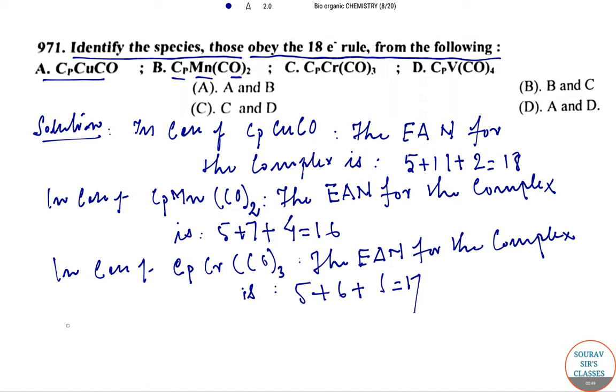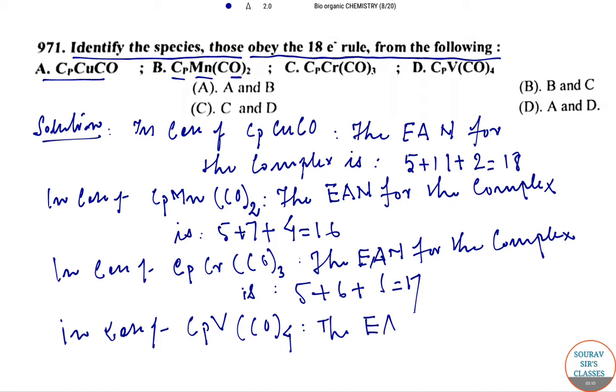And in case of CpVCO4, the EAN for the complex will be 5 plus 5 plus 8 is equal to 18.